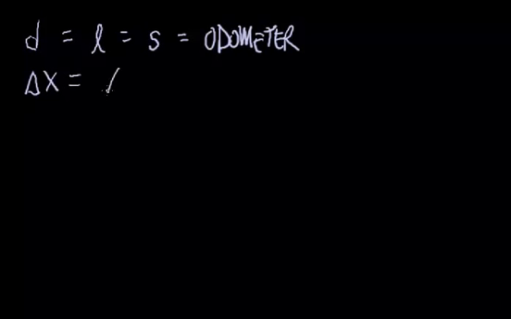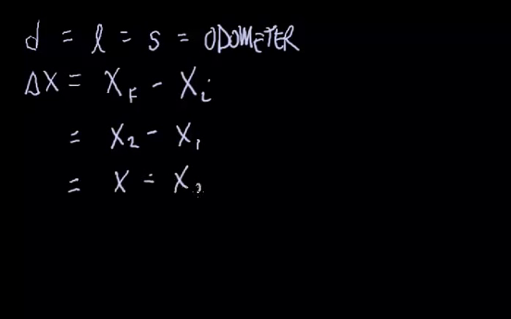Displacement, on the other hand, is the difference between where I ended up, my final location, minus my initial location. We might write it as x2 minus x1, x2 being where I end up and x1 being where I started. Now the book is going to write it as x minus x0.